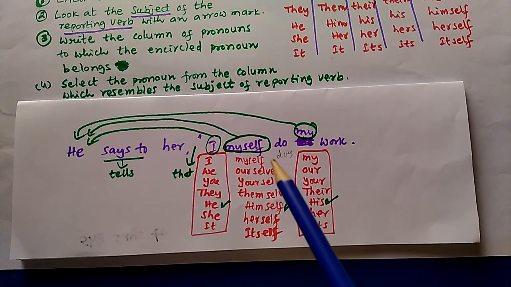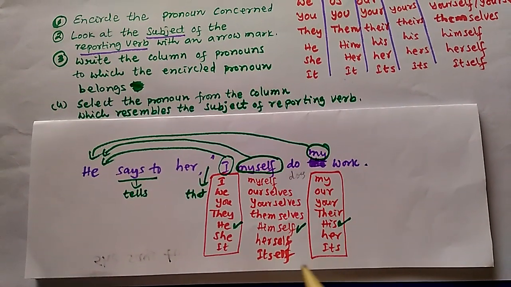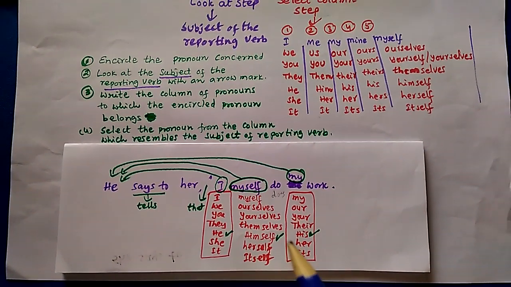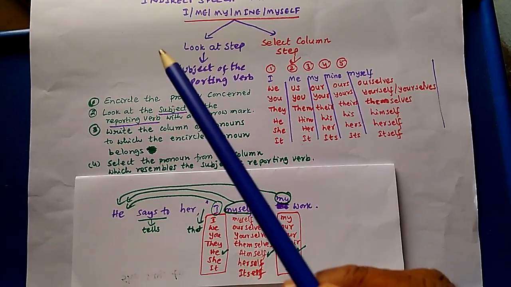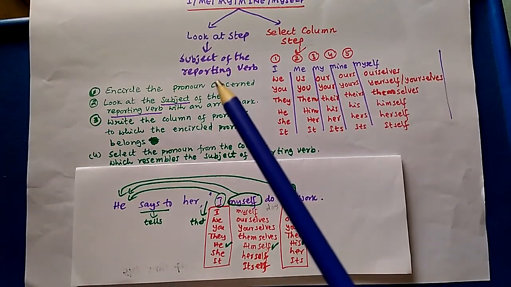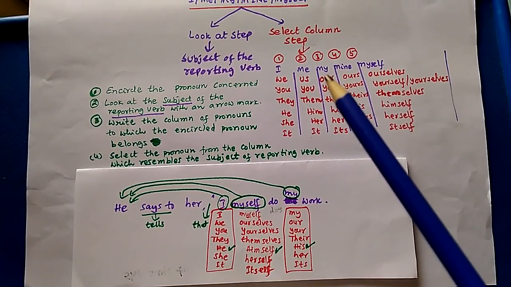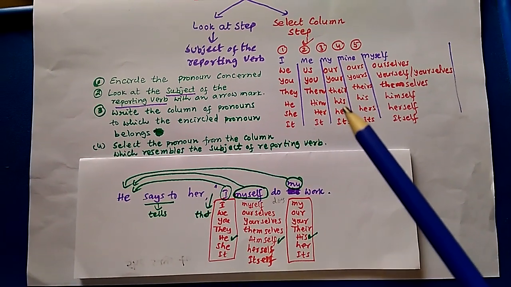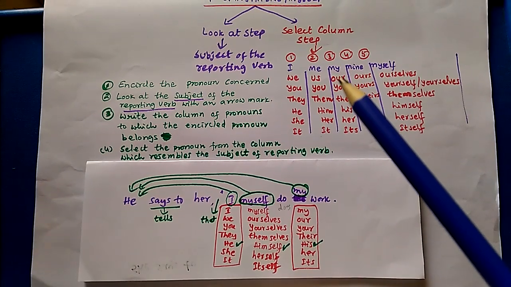In this way, we can change the pronouns. So as a final word, whenever we have I, me, my, mine, myself, we have to look at the subject of the reporting verb and we have to select the appropriate and relevant pronoun from the columns.